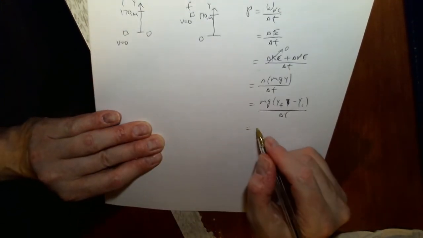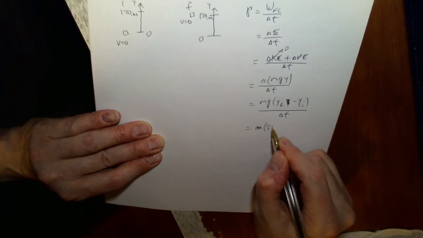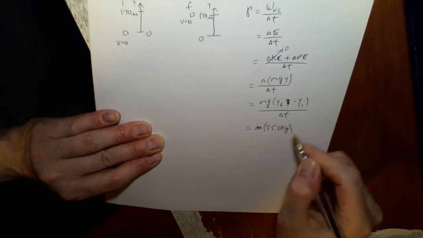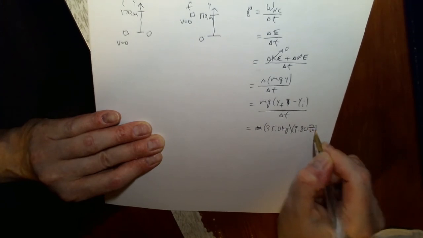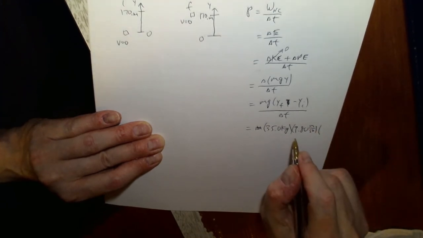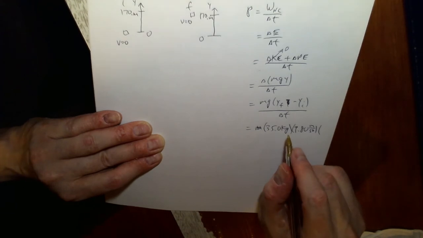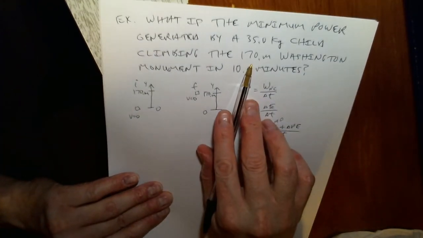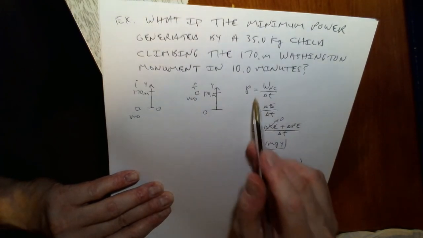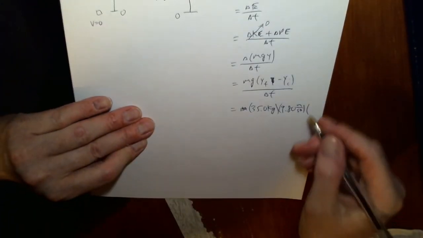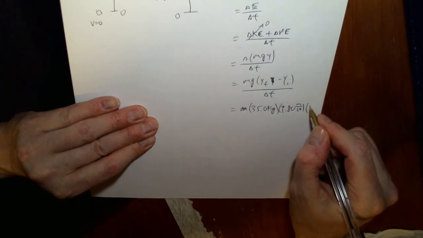And so I can plug in: mass of the child is 35 kilograms. g is 9.8 meters per second squared. y final minus y initial is the 170 meters, right? It's the change in height, 170 minus 0, or just 170 because that's the height of the monument.